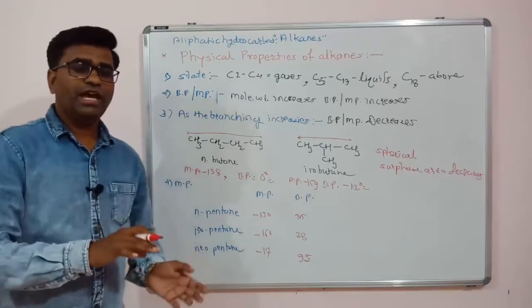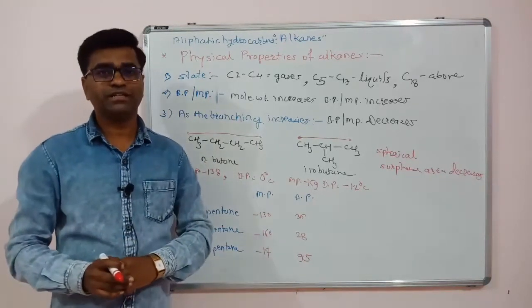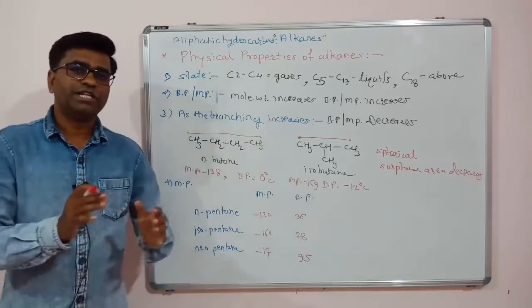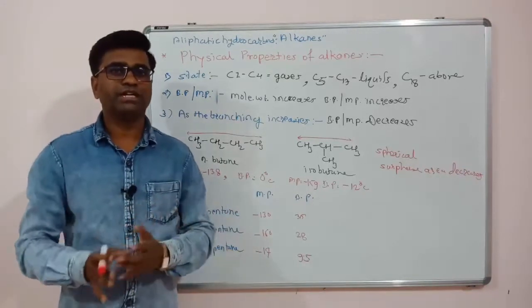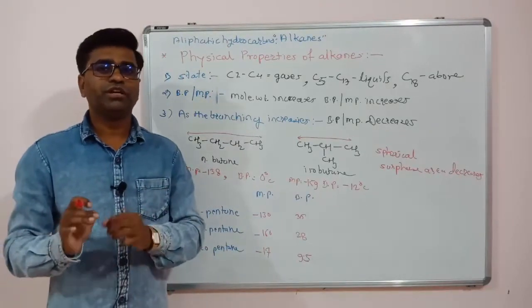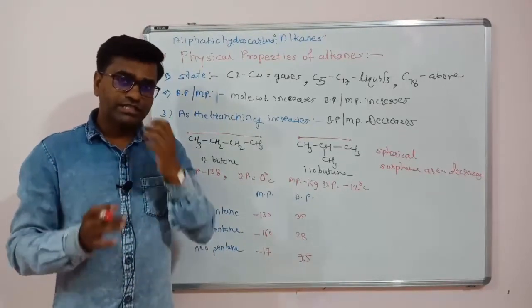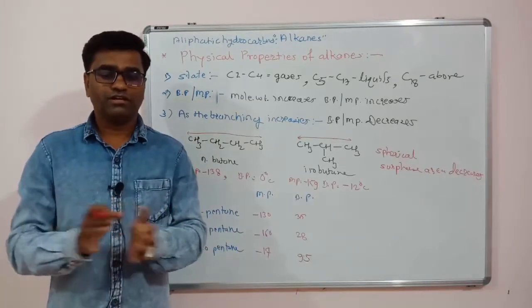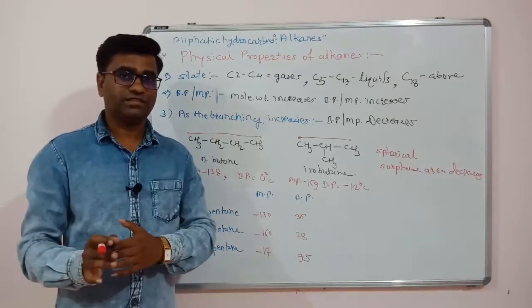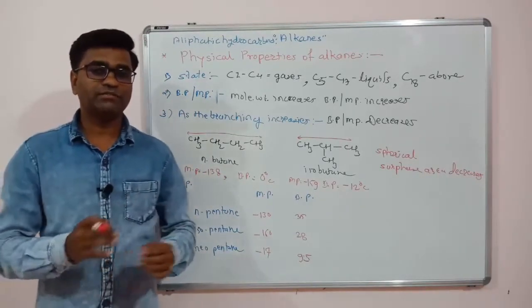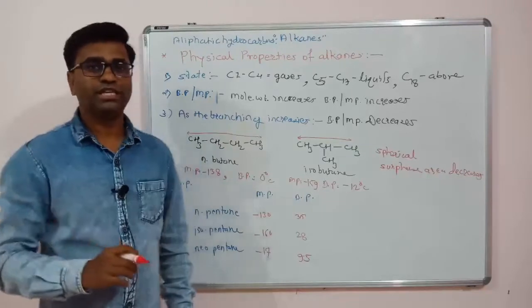As the shape becomes more symmetrical, it fits into a proper crystalline lattice, so more energy is required to melt it. So as the symmetry increases, as the molecule fits better into the crystal lattice, the energy required to melt that compound is more, and the melting point increases.